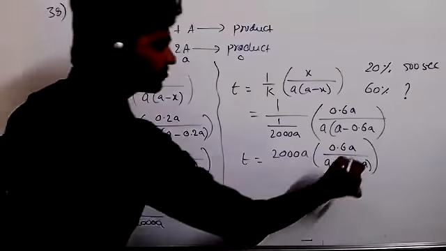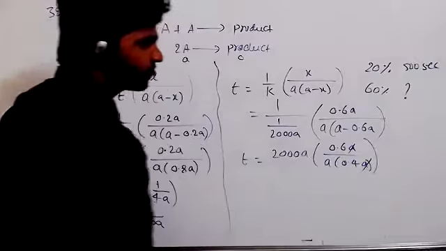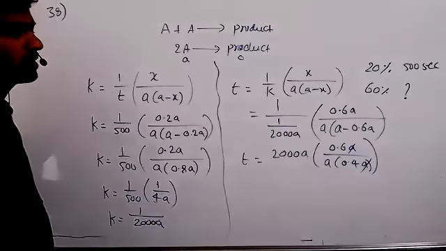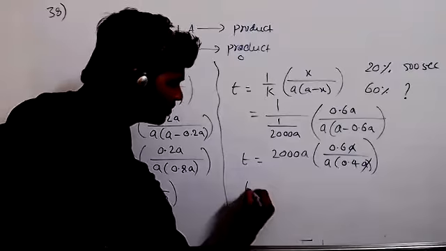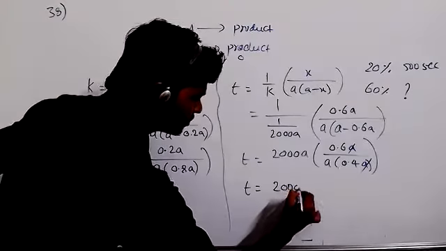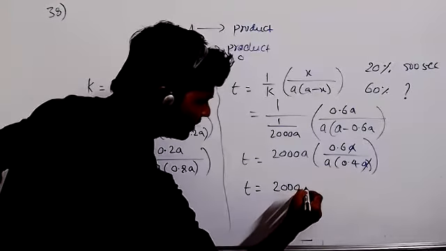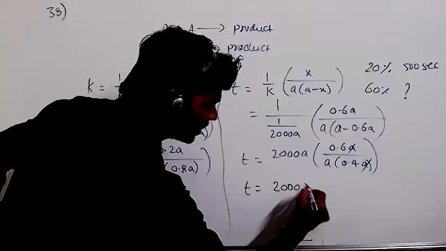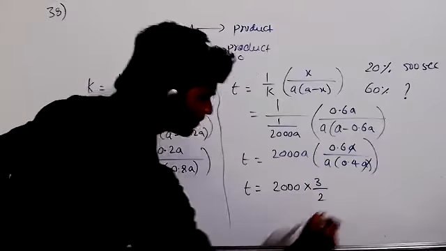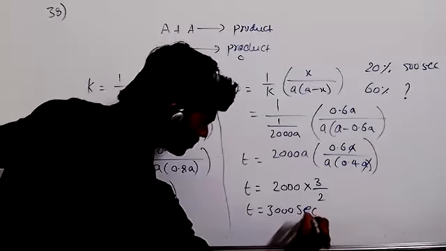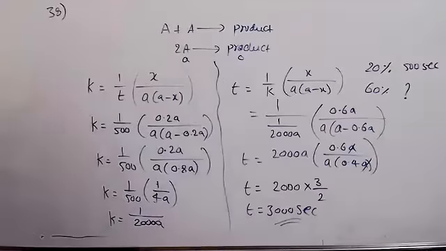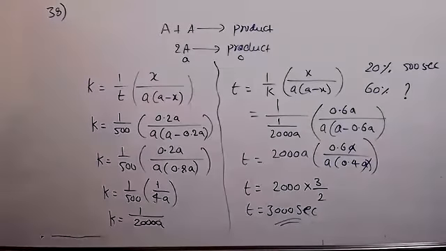You can cancel this, and this A also we can cancel. 0.6 by 0.4 is 3/2. Only 3/2 is left, so 3000 seconds. Copy this answer.